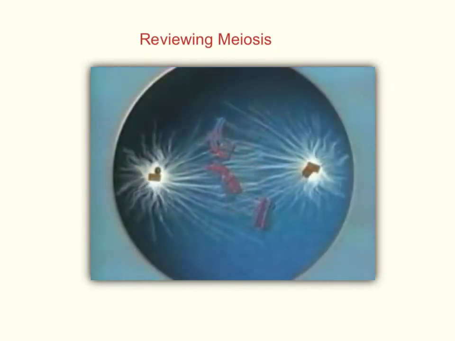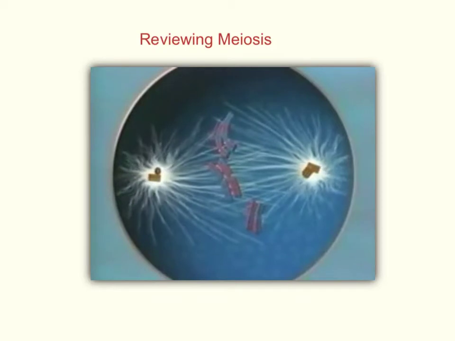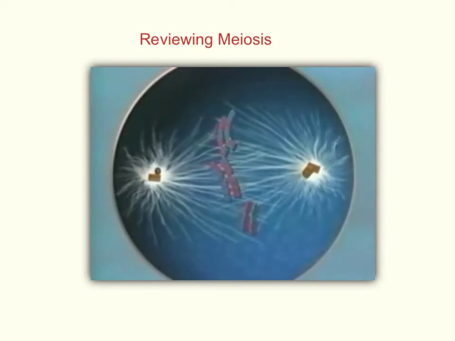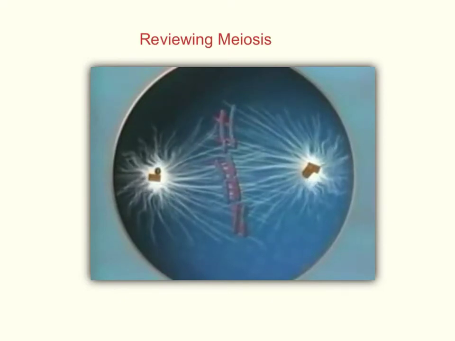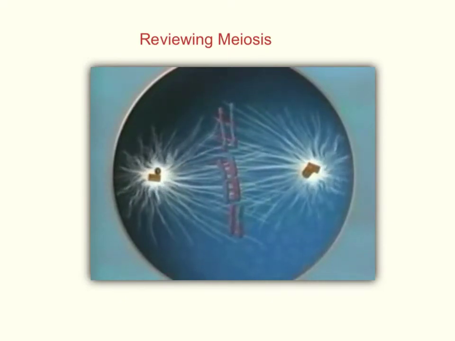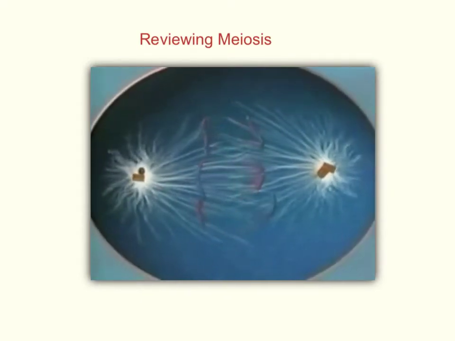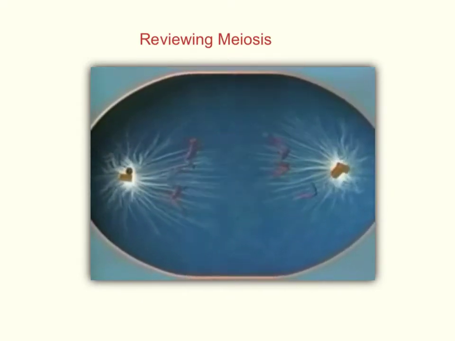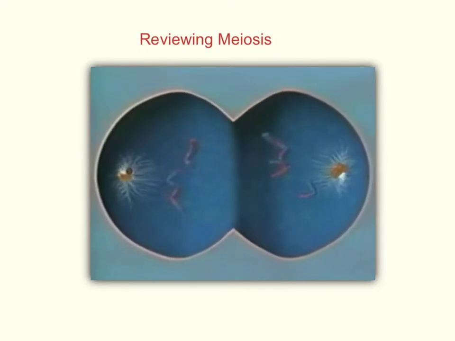The spindles then place maternal and paternal chromosomes randomly on each side of midline. It is another shuffle that can lead to a host of different genetic outcomes. Finally, spindle fibers pull the homologs apart. This leaves the sister chromatids intact.